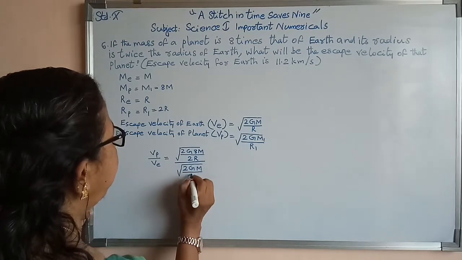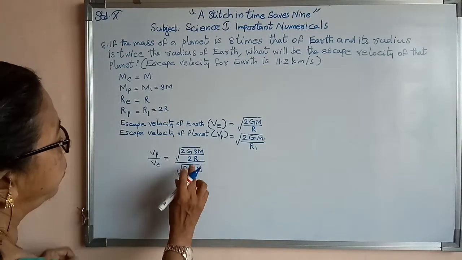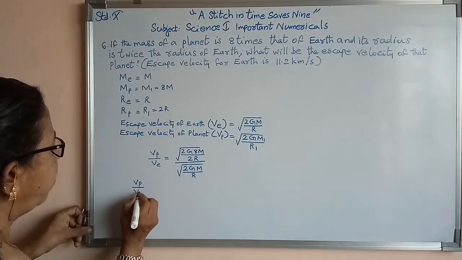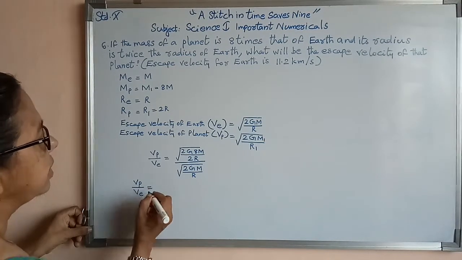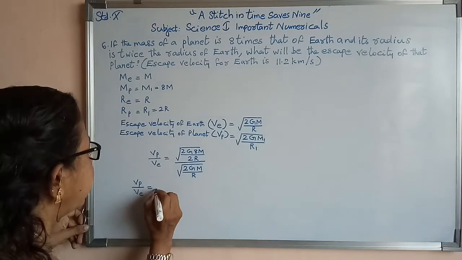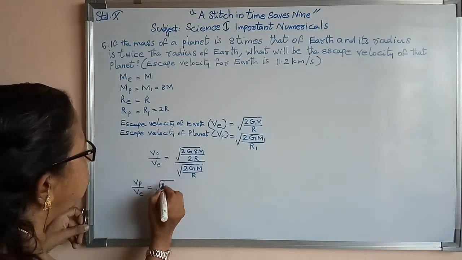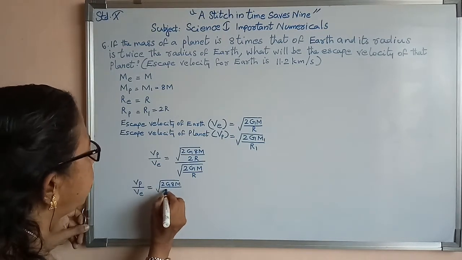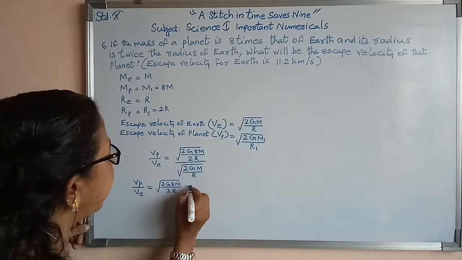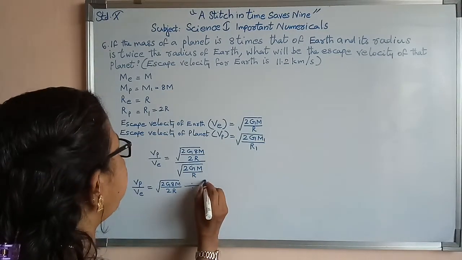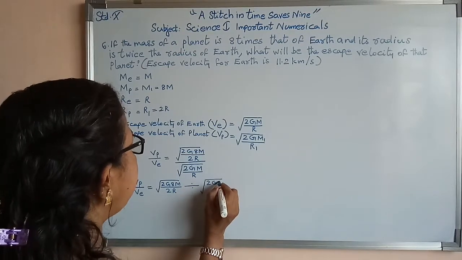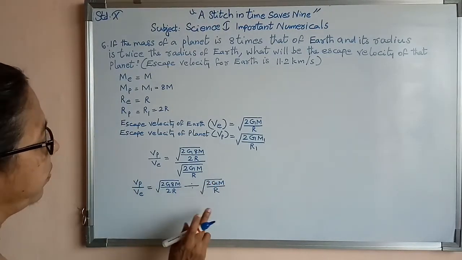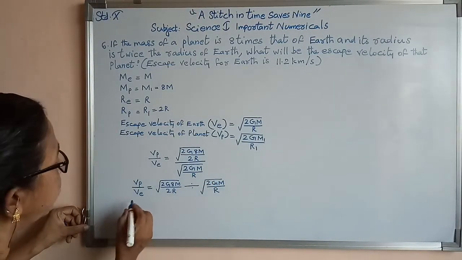That is equal to square root of 2GM upon R. Now here again fraction form is there, so I am writing it in such a way. Vp upon Ve, that is equal to, first this value I am writing, square root of 2G8M upon 2R, then divided by square root of 2GM upon R. Now here this is in the form of fraction, so this division sign I am changing to multiplication sign.